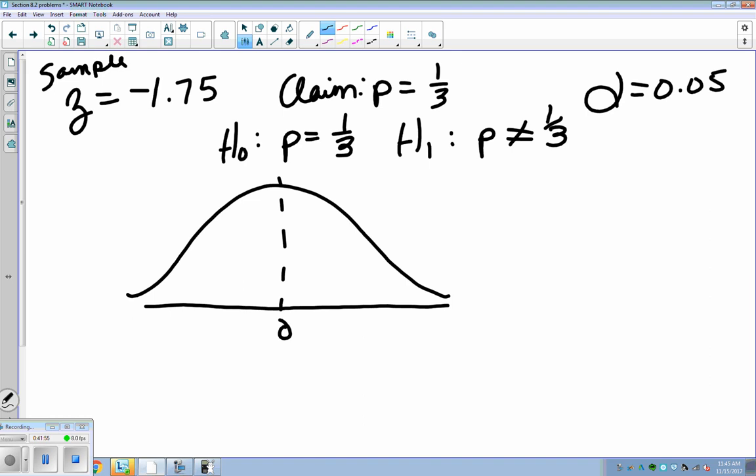So I've got a little bit on this side and a little bit on this side, right? So what am I going to do if alpha is 0.05? I'm going to divide 0.05 in half, because I've got to take my alpha and cut it for part on this side and part on this side because it is a two-tailed test.